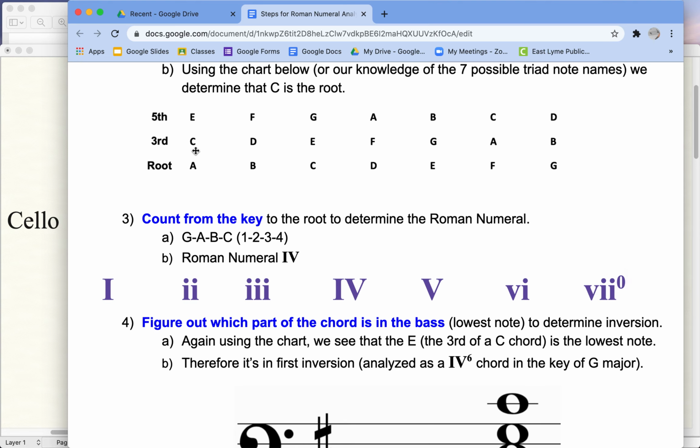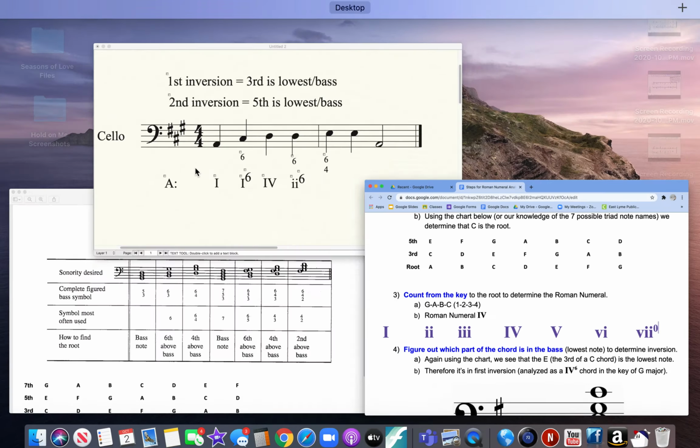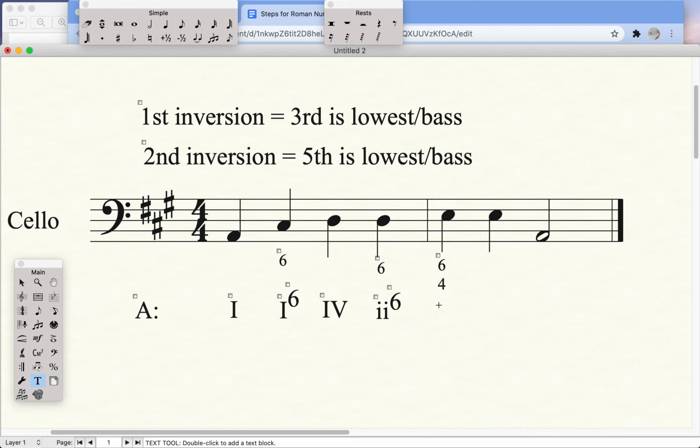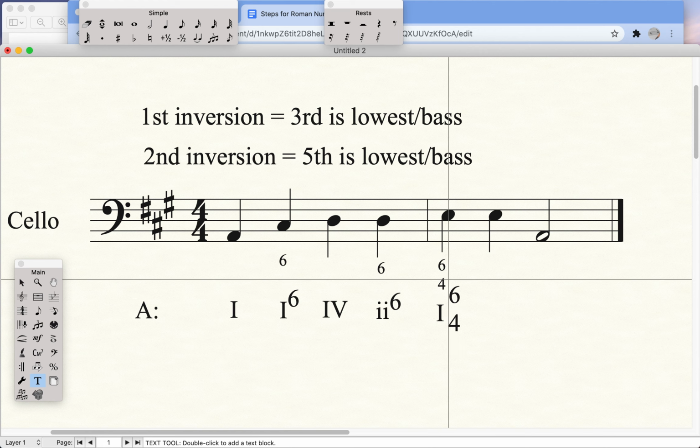Looks like it's an A chord. So if E is the 5th, then the root must be A. So what's A in the key of A? I won't insult your intelligence by making you think about that for too long. So that would be a 1 chord. We'd call it a 1, 6, 4 chord. Sorry, the inversion numbers are so humongous. So that's a 1, 6, 4.